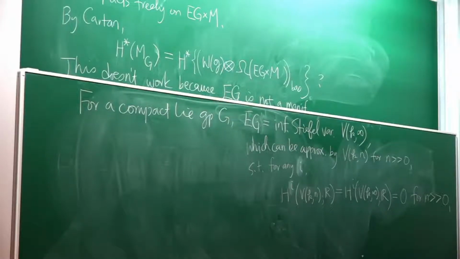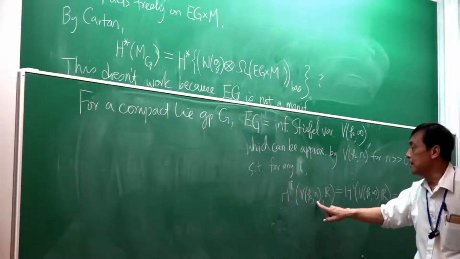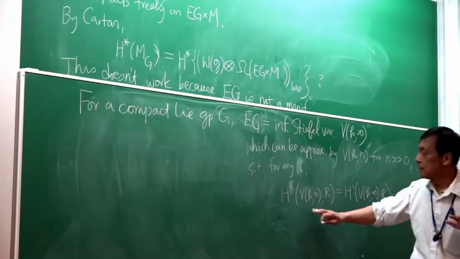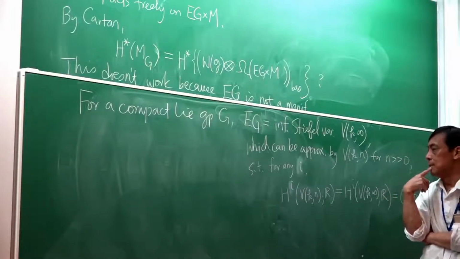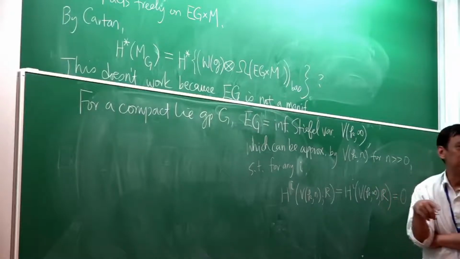Pardon? Did you fix i? Yeah, I fix i, and then n depends on i. But the thing is, I have only finitely many i's, right? Because, wait a minute, no, this i could increase. Okay, I have to fix an i.